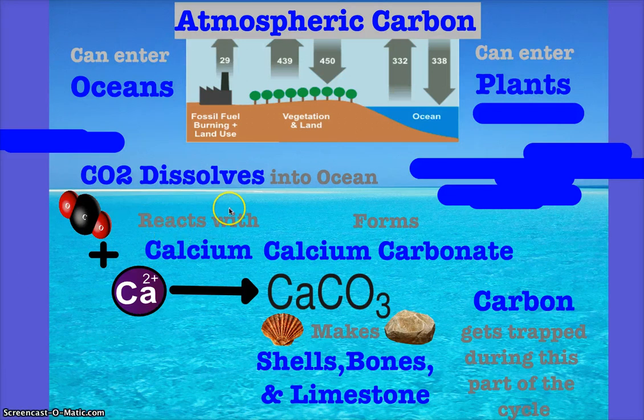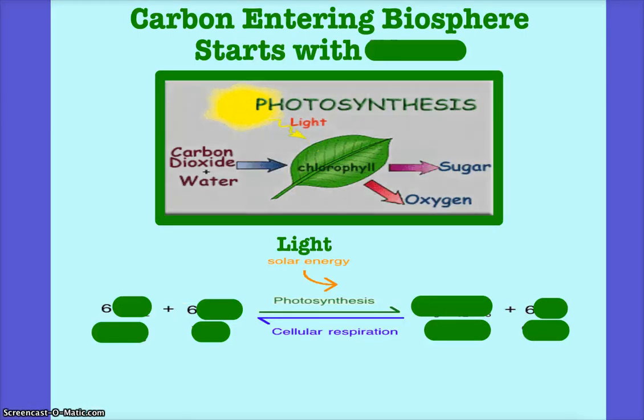So here carbon dioxide dissolved into the ocean. If there's a plant in the ocean, carbon dioxide can be absorbed by the plant, right? Because only oceans and plants absorb carbon dioxide. But I'm going to focus on a plant inland. So here's my plant. Plants take in carbon dioxide along with what else? Light and water.